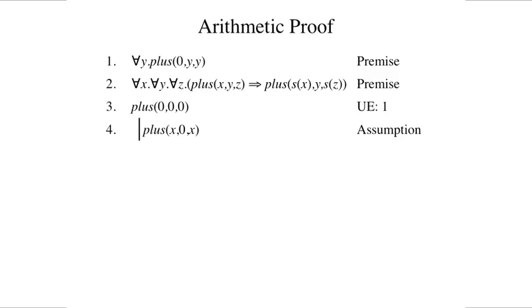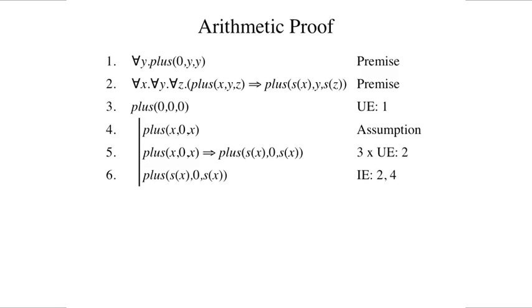We then start a subproof and assume the antecedent of the inductive case, plus of x and 0 is x. We then use 3 applications of universal elimination on the second premise to get the sentence on line 5. We can then use implication elimination on this sentence and our assumption to derive the conclusion on line 6.